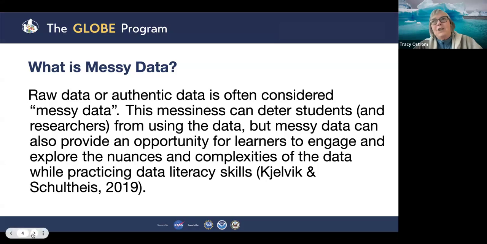So it can really deter students, like, oh, does this make sense? Or even researchers. So I'm really trying to turn that around and say, let's look at the messy data and use this as our tool for learning. And it made me think of the IVSS and this whole idea of doing a project on data itself.